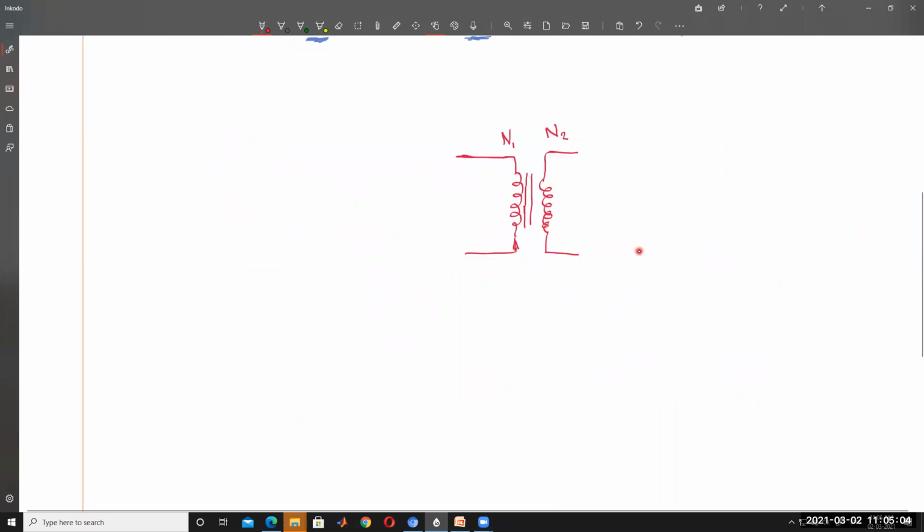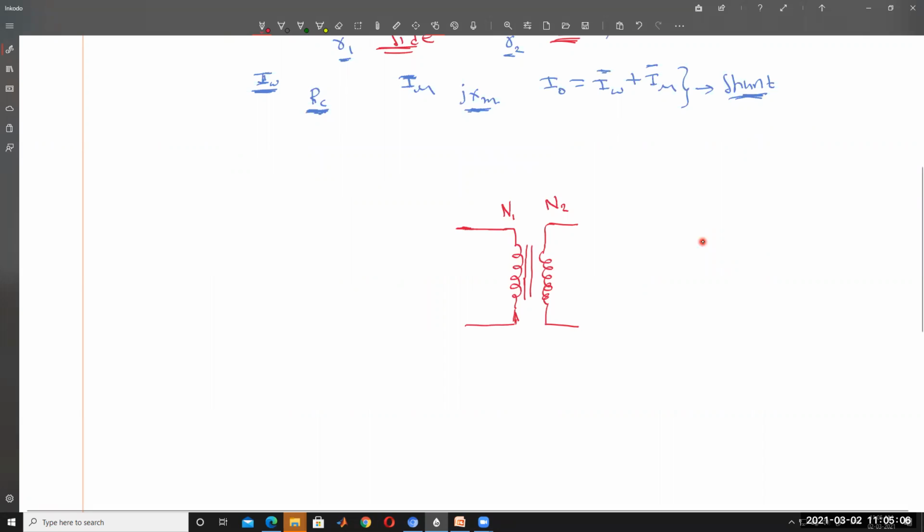On the primary side, we connect R1, then the reactance, represented like this, j into X1.